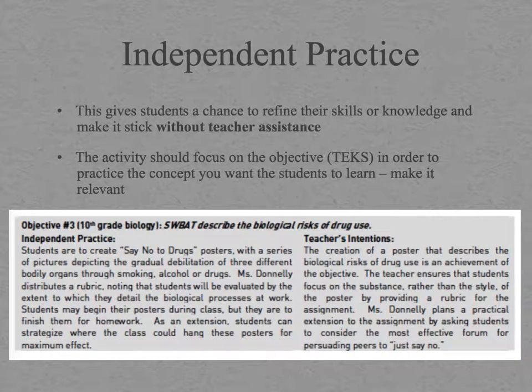Now they have to use that information to create a poster as to why it's important to say no to drugs. They're taking what they learned, putting it into practice, doing it on their own, and when they get done, their teacher, Ms. Donnelly, is going to be able to know if they learned what they're supposed to learn or not. And it's going to help crystallize and impress that information into the students' minds.